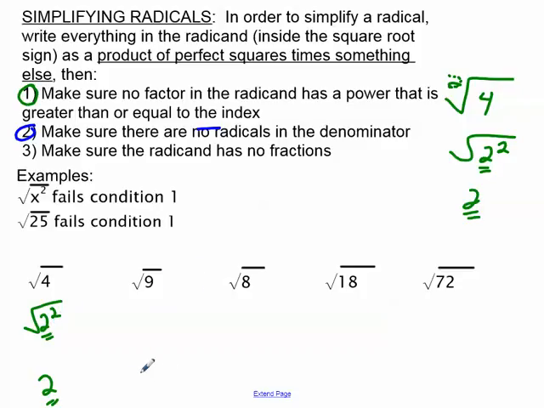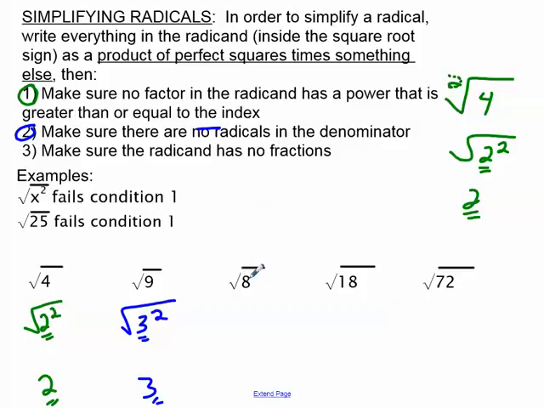We know it's 3. Square root of 9, that's 3. But I'm going to rewrite that as a perfect square times something else, which it is already, and then rewrite it as a base squared. So that when we take the square root of a perfect square, the base comes outside the house. And we're going to use this idea, rewriting in terms of a perfect square times something else, and then rewriting that perfect square as a base squared. How about over here? I got a square root of 8.